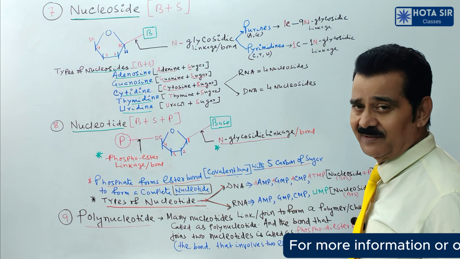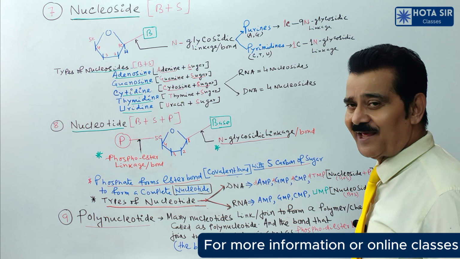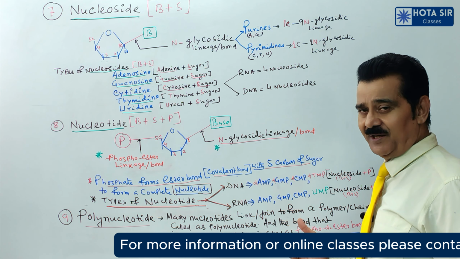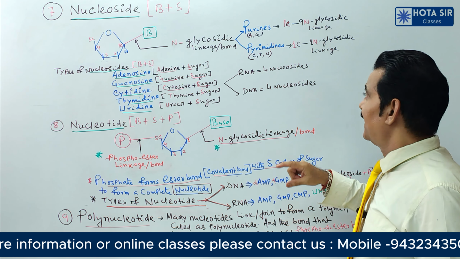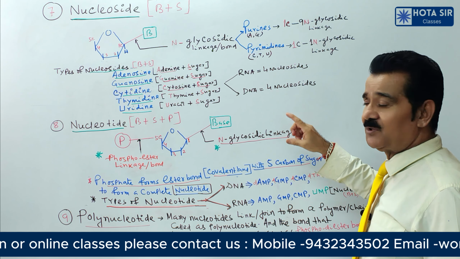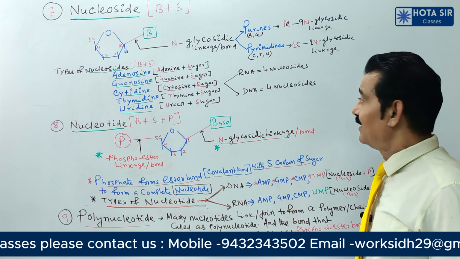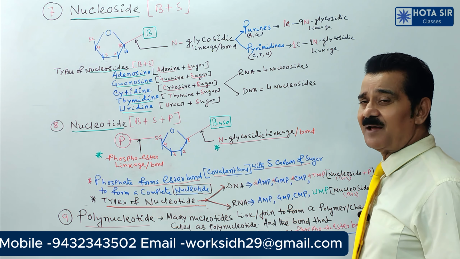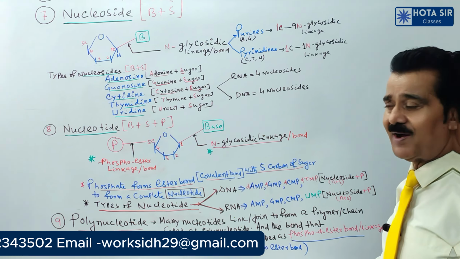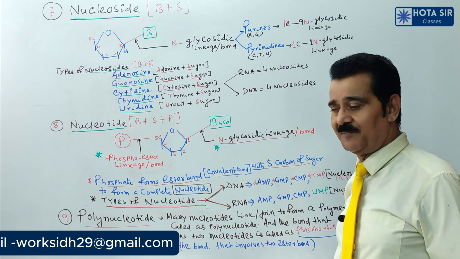So 1C-9N glycosidic linkage in purine. Clear? In case of pyrimidine, the N-glycosidic bond is formed between 1 carbon and 1 nitrogen of pyrimidine bases like cytosine, thymine and uracil. Very, very important, children.